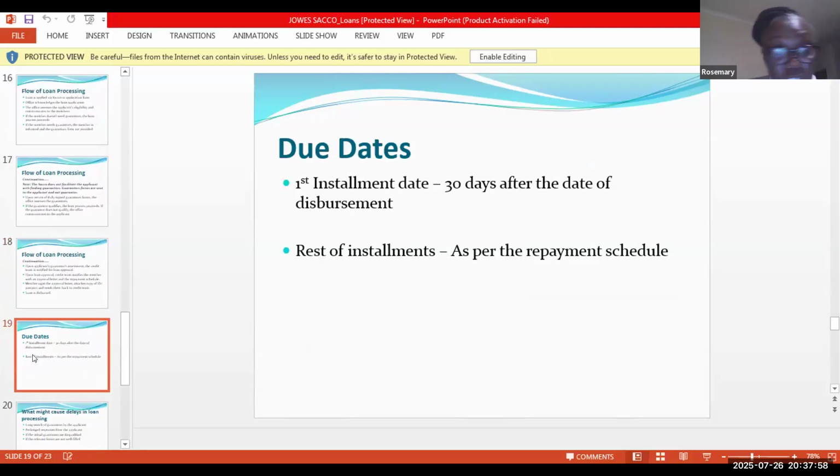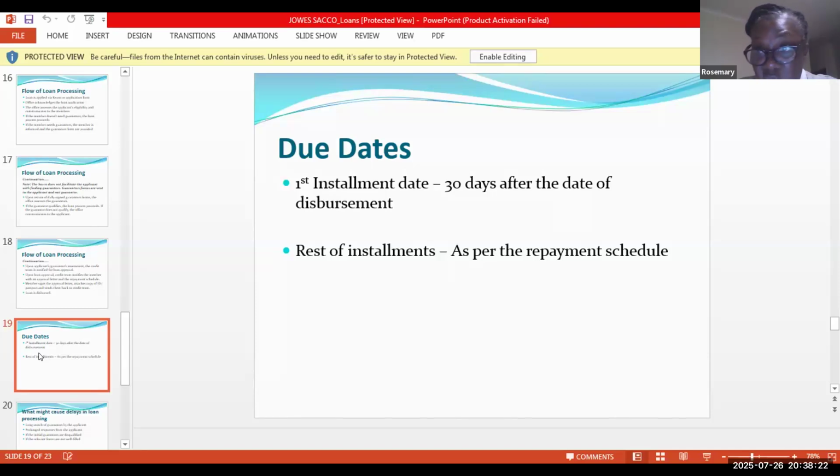The due dates, how do we pay back the loans? Usually, once you have been given a loan, the loan approval letter will tell you that after the disbursement, you'll have 30 days. Then you start paying the loan. And the rest of the installments will follow according to the repayment schedule.